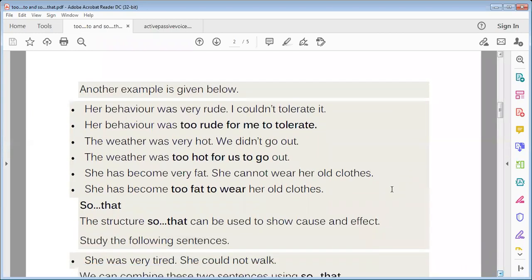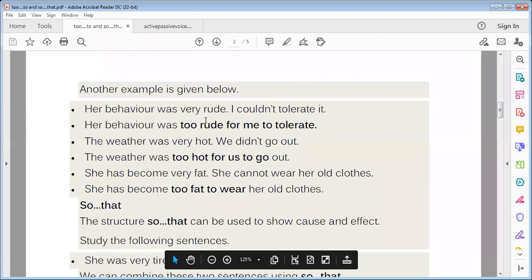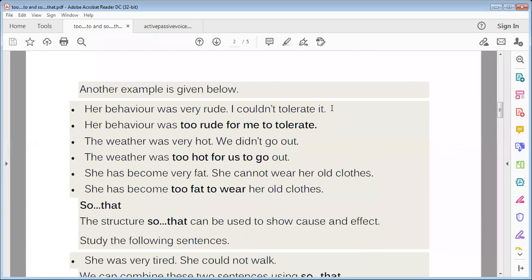Few more examples, see. Her behavior was very rude. I couldn't tolerate it. So, I am replacing very with too. Her behavior was too rude for me to tolerate.